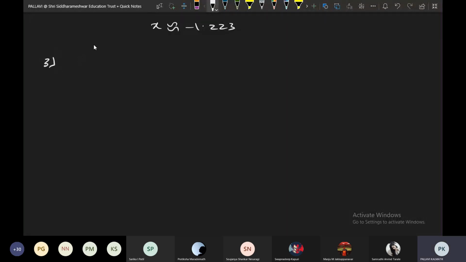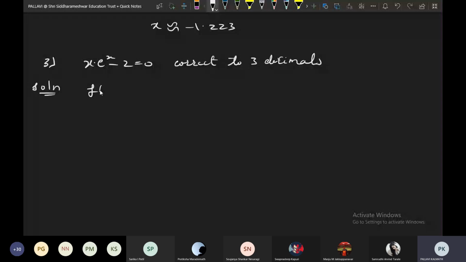Find the real root of the equation x into e raised to x minus 2 equals to 0, correct to 3 decimal places. So in the solution, let us consider f of x equals to x into e raised to x minus 2.